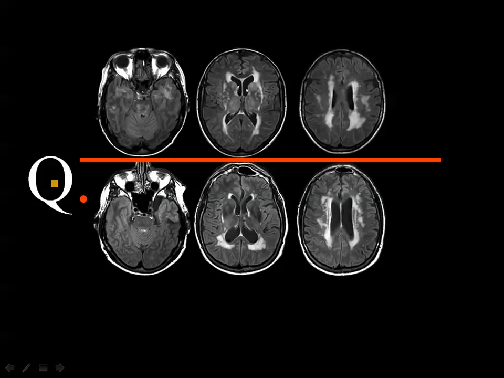And these are two similar diseases but with minor difference. This patient and another one both have periventricular white matter signal abnormalities. These are FLAIR images, and the signal abnormalities do not exert significant mass effect.